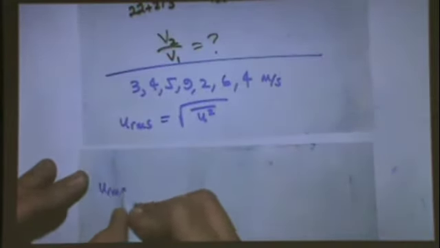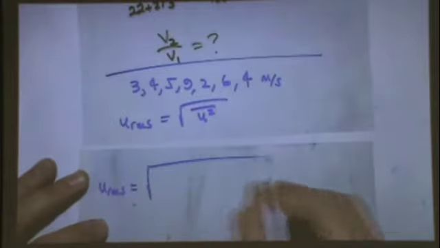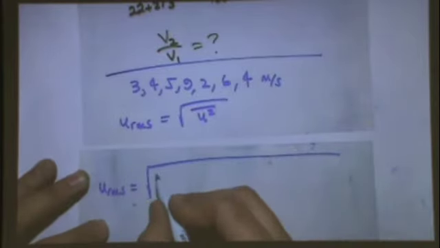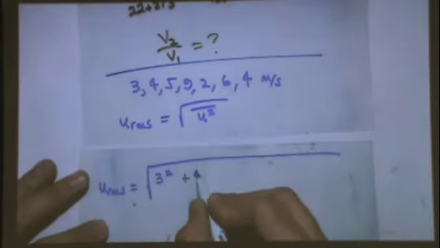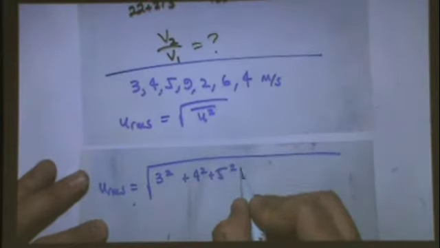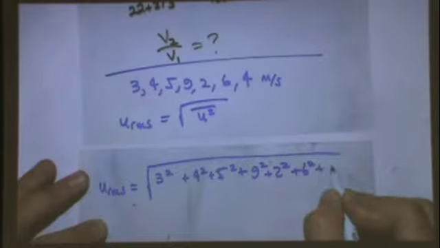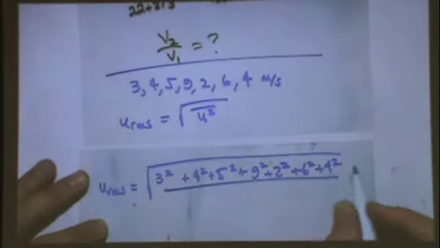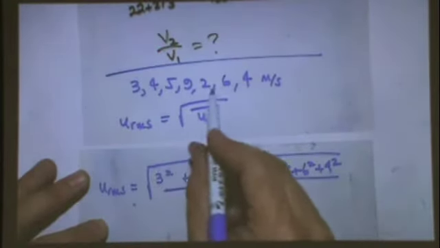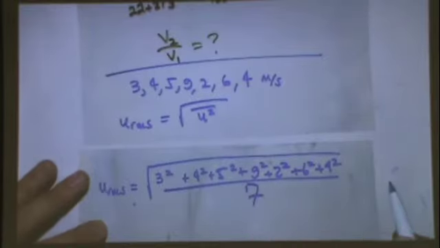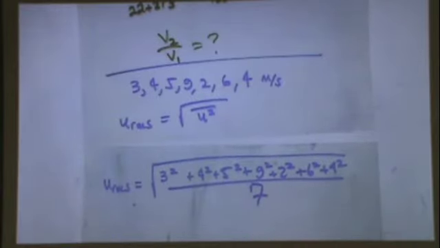Well, it's a huge square root. It's 3 squared plus 4 squared plus 5 squared plus 9 squared plus 2 squared plus 6 squared plus 4 squared, all divided by the total number, 1, 2, 3, 4, 5, 6, 7. The average of the squares, whatever this number is. Is that okay? Okay, cool.